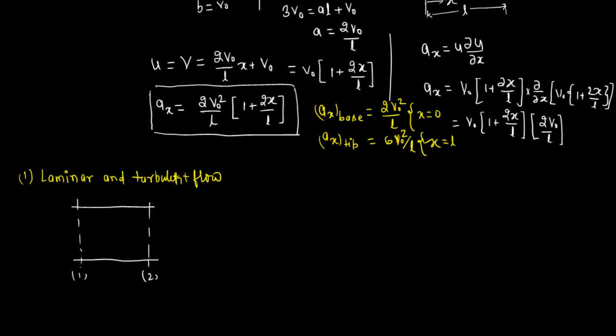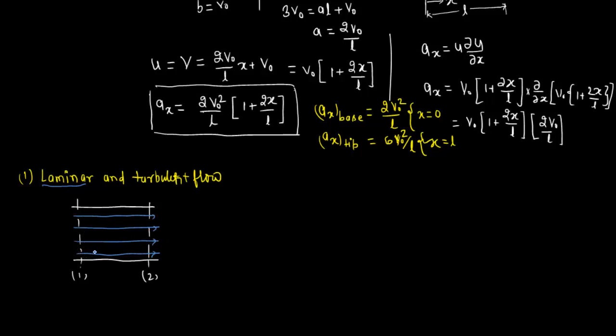Now due to the viscous nature of fluid, the fluid will try to flow in layers. Actually the term lamina means layer. So when the fluid is flowing in layers like this, we define the fluid flow as laminar flow, and in this case the layers are not going to be intermixed and the fluid is moving in a straight path here.